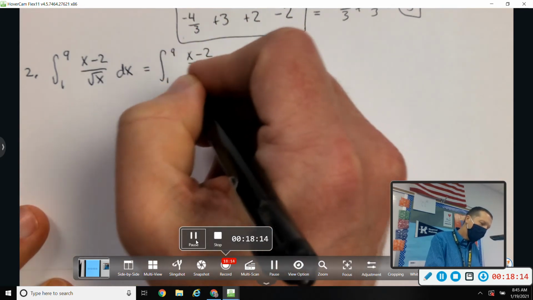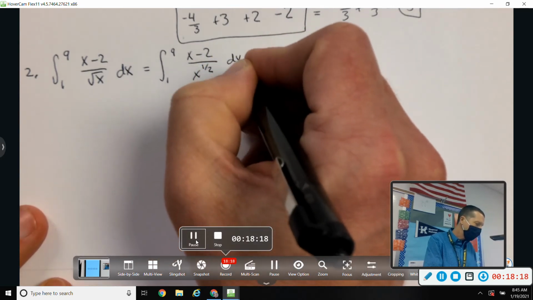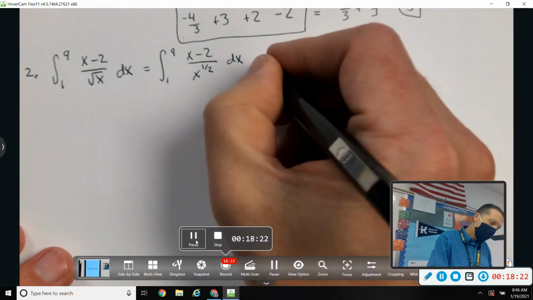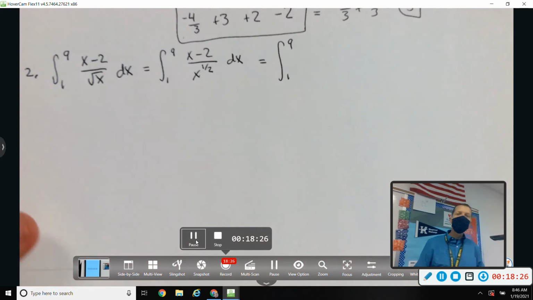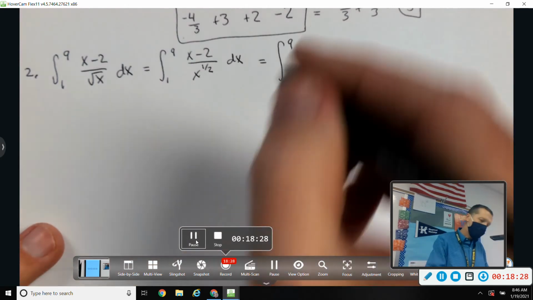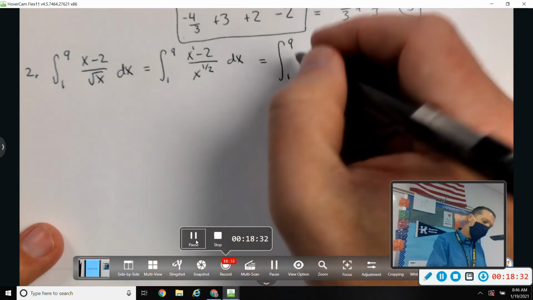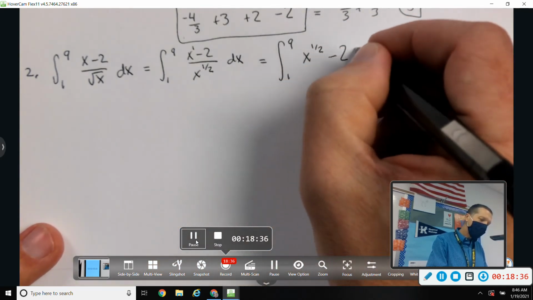Let's see, square root of x would be x to the 1/2. And then if I divide them both by x to the 1/2, right, that's x to the first over x to the 1/2 would be x to the 1/2 minus 2 x to the negative 1/2.